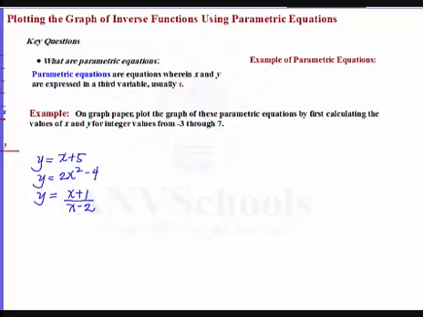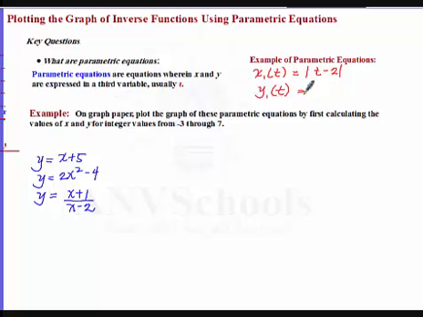So I'm going to give you an example of a parametric equation. So we have x1 of t, let's say that's equal to the absolute value of t minus 2. And y1 of t, because as I have told you, our x and y coordinates are now expressed in a third variable t.